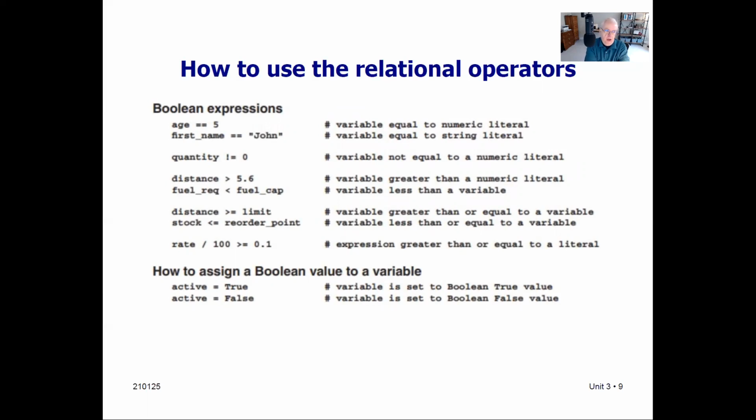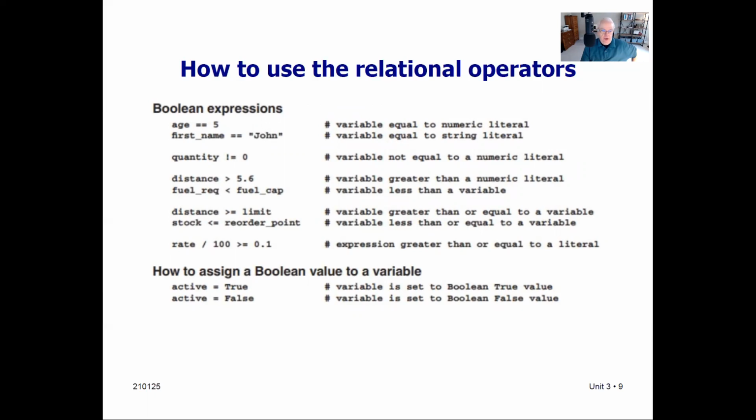I hope it will. So we see age is equal to 5. That is a numeric literal, okay? And first name is equal to John. That is a string literal. And we have the not equal to and the greater than and the less than. And notice that with those we are dealing with numeric values, and that less than is kind of interesting.